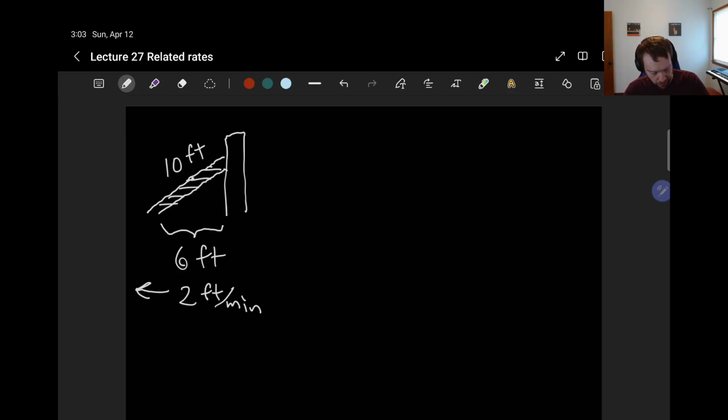So notice what shape this is forming. Let me draw it over here separately. This is a right triangle, with that 90-degree angle, where the longest side, the hypotenuse, is 10 feet. And this horizontal part is 6, and this is also x, let's call it.